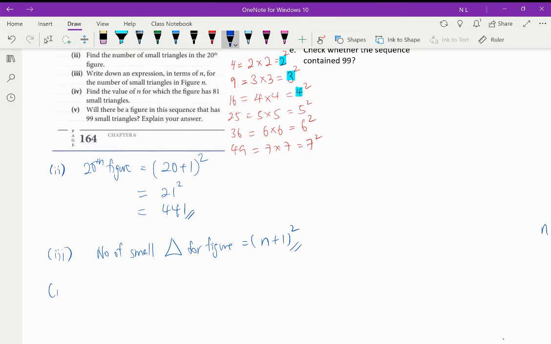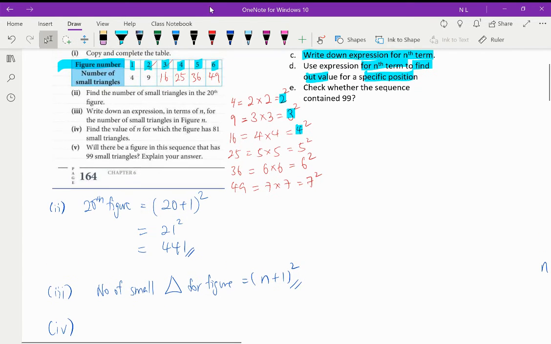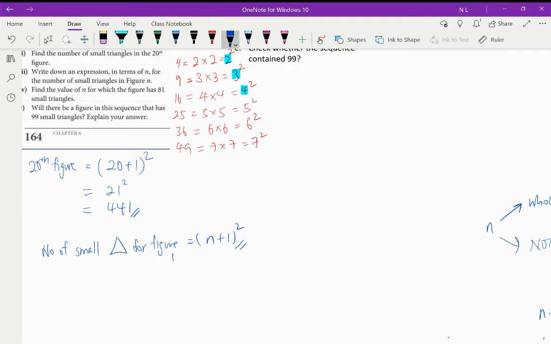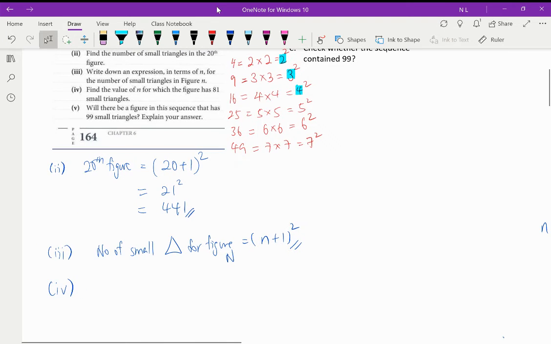So for part 4, after you have found the expression for the n term, now they're asking you to apply the expression to find the value of n for which the figure has 81 small triangles. I know that the general expression for the small triangles for figure n is (n plus 1) bracket square.